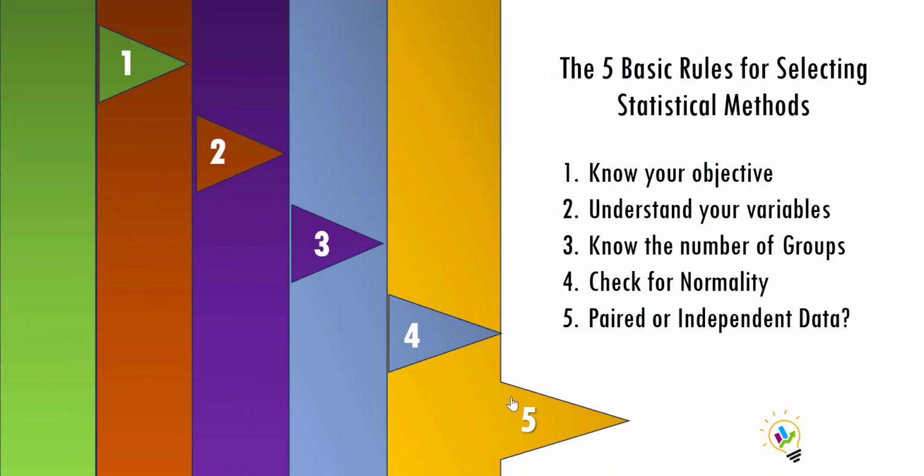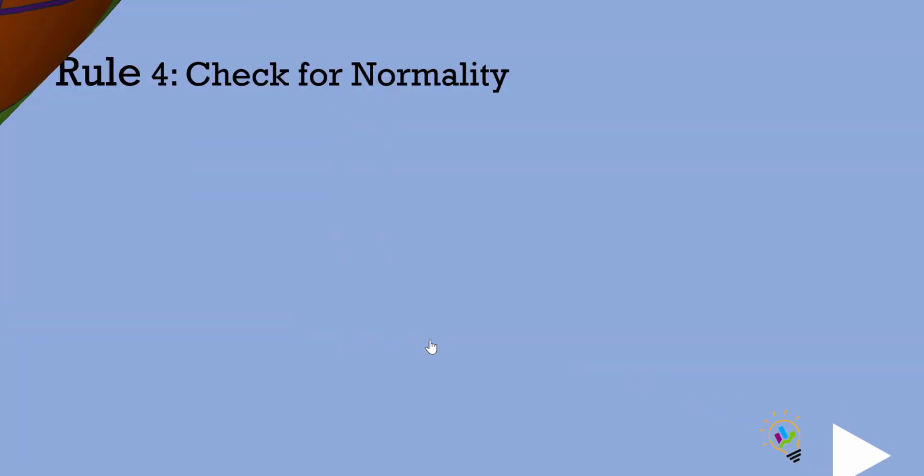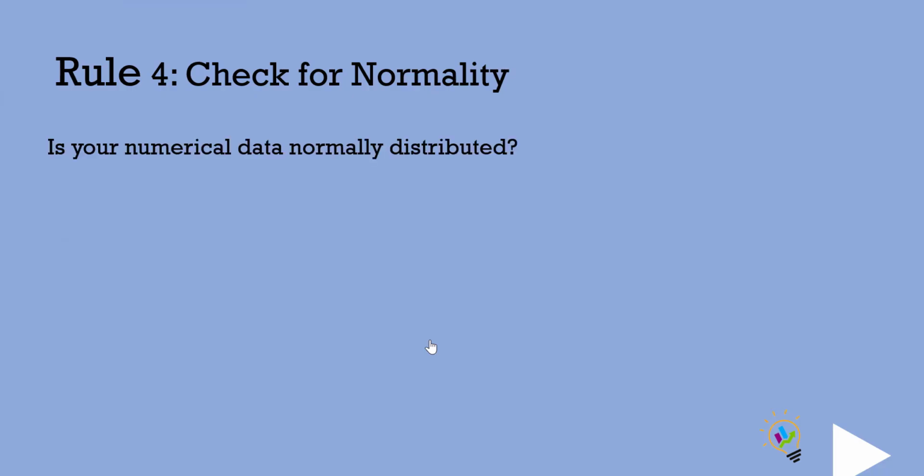The fourth rule is check for data normality. If the data is numerical and the data is normally distributed, we are going to use parametric test, that is t-test or ANOVA test.